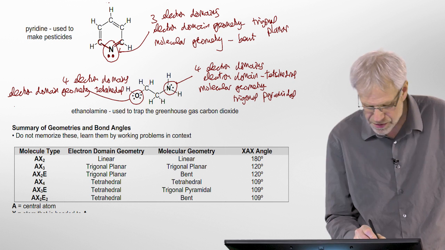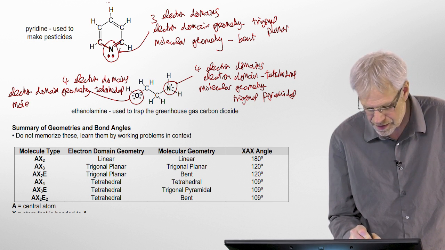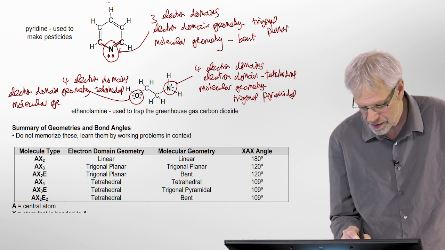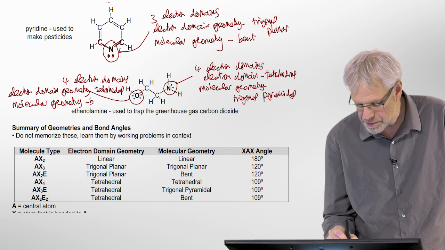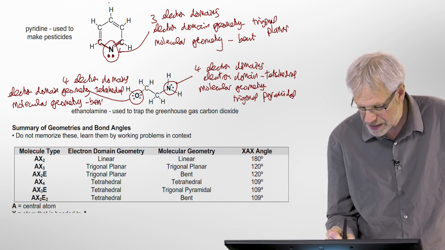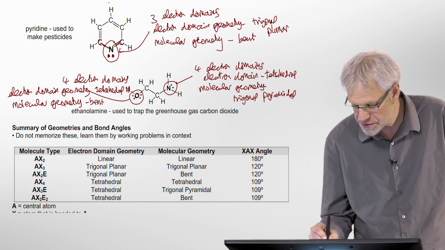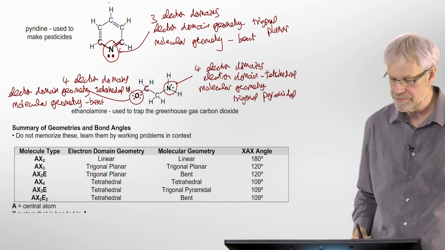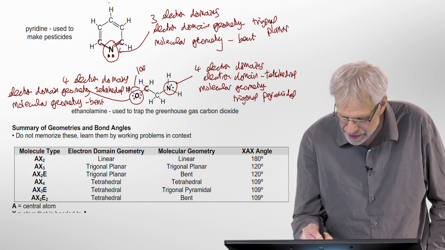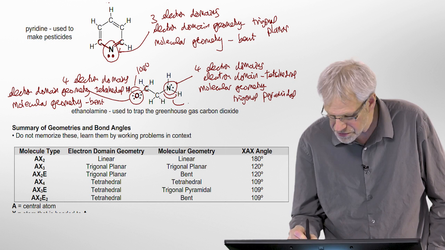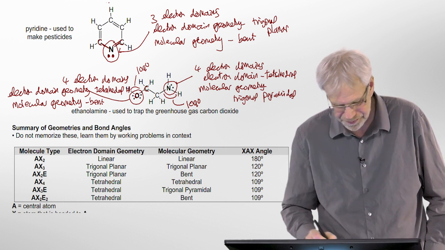However, in this case, the molecular geometry can only be described as bent, because there are only 3 atoms associated with the geometry around the oxygen. And again, the bond angle here will be roughly 109 degrees. This bond angle will also be roughly 109 degrees.